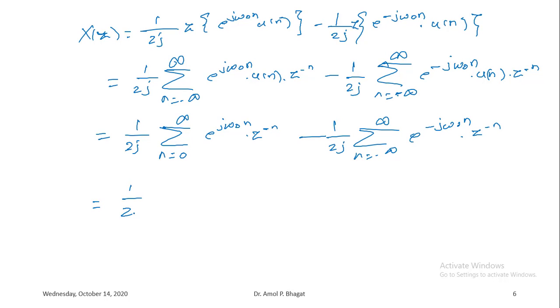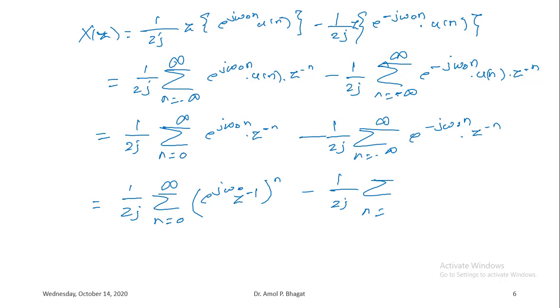So again 1 upon 2j summation n is equals to 0 to infinity. Again you can take n common, so it will be e to the power j omega 0 into z inverse whole to the power n, minus 1 upon 2j summation n is equals to 0 to infinity e to the power minus j omega 0 z inverse raised to the power n, right?